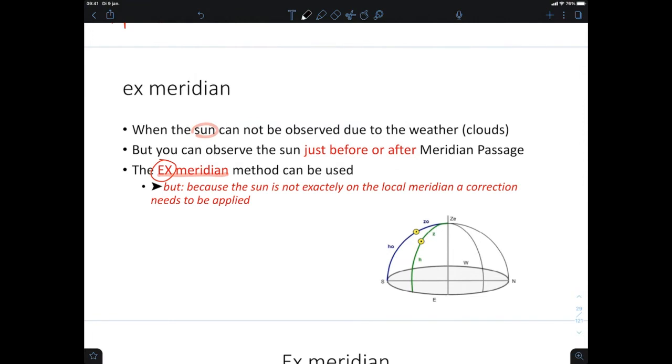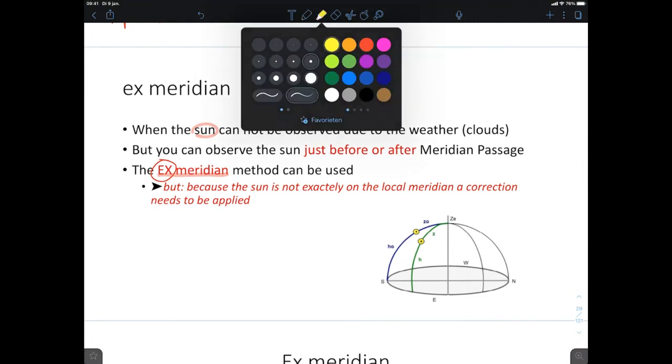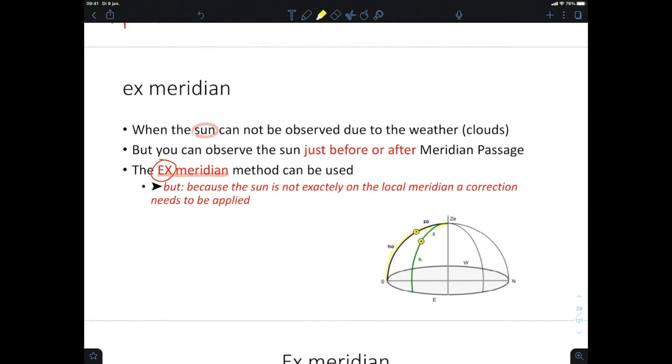You see that when the sun is on your local meridian, it will be in this position, but it may well be that there are clouds or whatever and the sun is not visible, so you will have to observe the sun just before or just after, on the other side, after meridian passage. You will see that you need to apply corrections to the altitude you get from the sun, because it will not be exactly the same altitude as the altitude of the sun at the actual moment of meridian passage. That's what this method is all about.